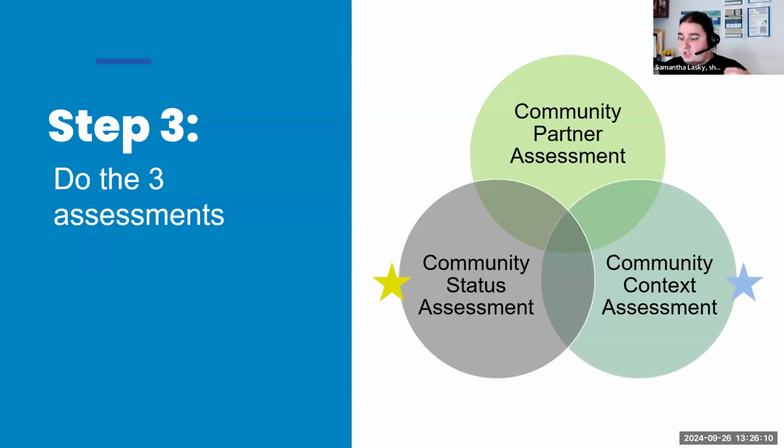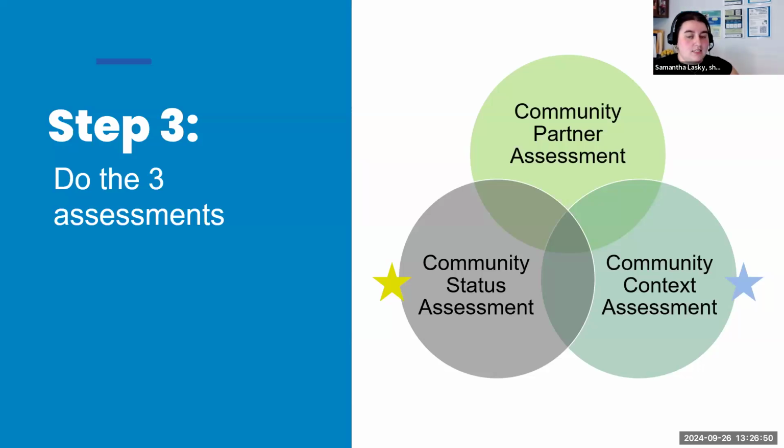Step 3 of phase 2 is to really do all three assessments: the community partner assessment, the community status assessment, and the community context assessment. Where you see the yellow star under the community status assessment, that is the assessment conducted to collect quantitative data on demographics, health status, and health inequities. It helps to identify inequities beyond health behaviors and outcomes, including social determinants of health and systems of power, privilege, and oppression.